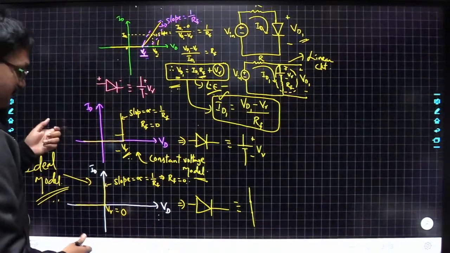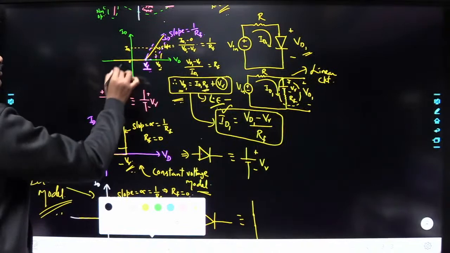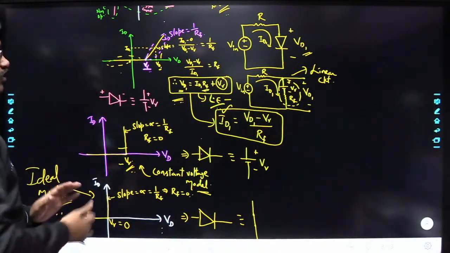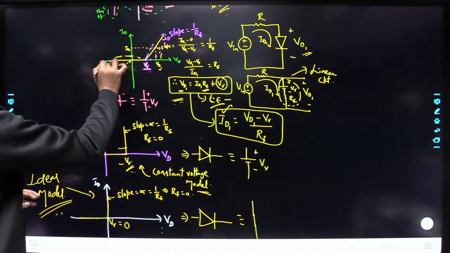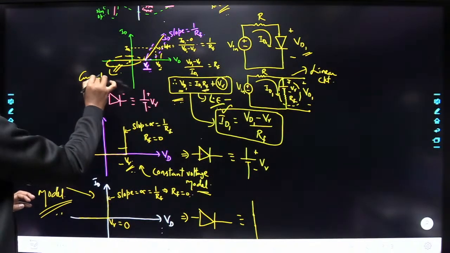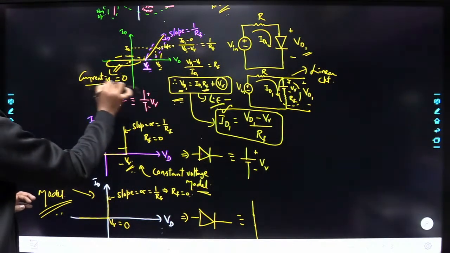Now in the reverse bias region, you can replace the diode with what? Here the current, from here to here throughout this region, is negligible, yes or no? The current is almost equal to 0.